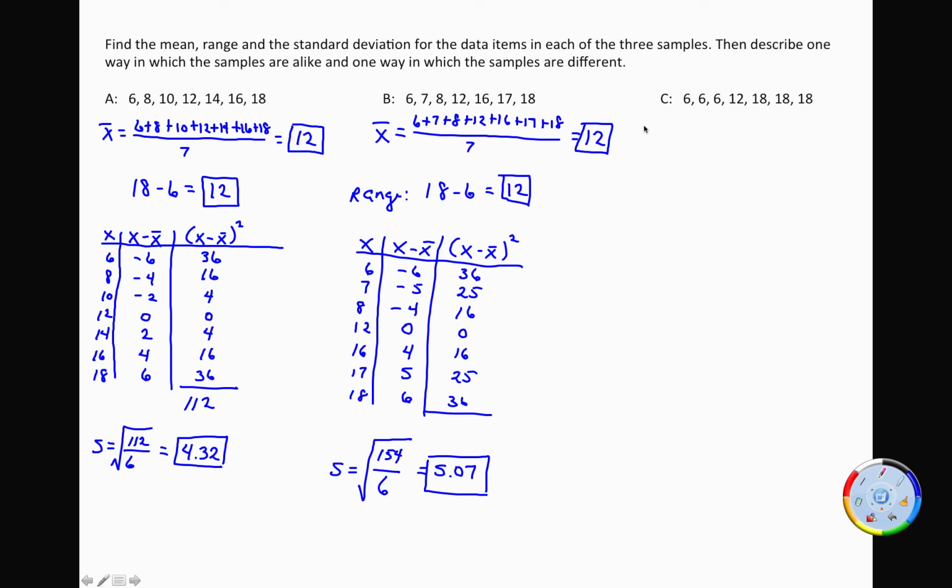Okay, and one more time. Let's find our mean. So this time I have 3 6s plus a 12 plus 3 18s. So that is 7 items again.